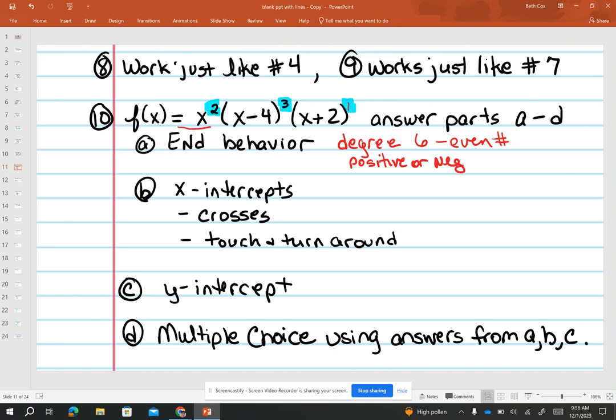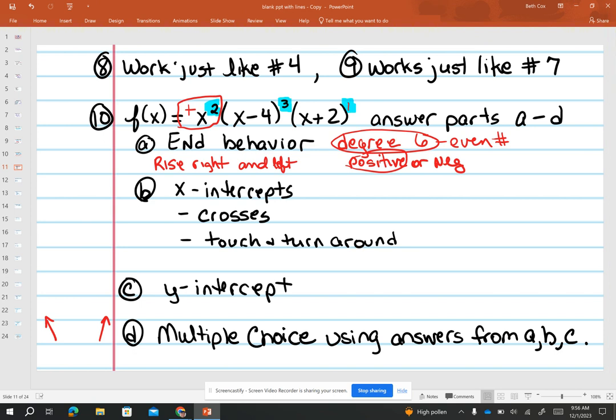Well, this first one here is positive, so we have a positive degree 6. So this is going to rise. It's going to rise right and left. Maybe it's the other way around, but it's going to rise right and left. So when I get ready to graph it, I've got ends pointing both up.